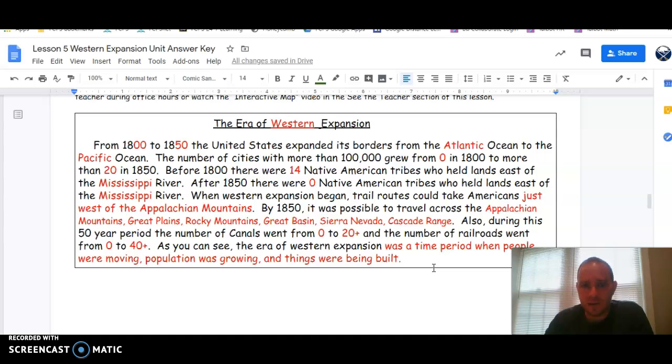By 1850, it was possible to travel across the Appalachian Mountains, Great Plains, Rocky Mountains, Great Basin, Sierra Nevada, and Cascade Range. Also during this 50-year period, the number of canals went from 0 to 20 or more, and the number of railroads went from 0 to 40 or more. As you can see, the era of Western expansion was a time period when people were moving, population was growing, and things were being built.